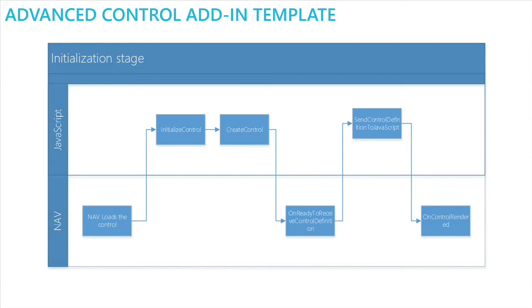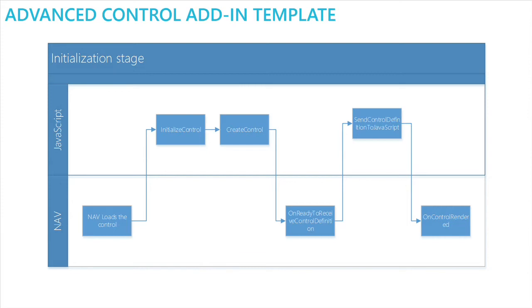Then this create control fires the on ready to receive control definition. This happens in NAV. So NAV has essentially a chance to supply HTML and CSS. And if it wants to supply something at this stage, it calls the send control definition to JavaScript. And it sends the HTML and the CSS. Okay?